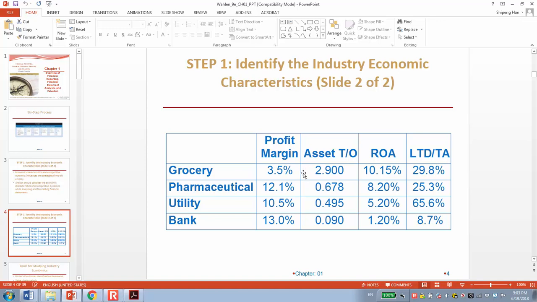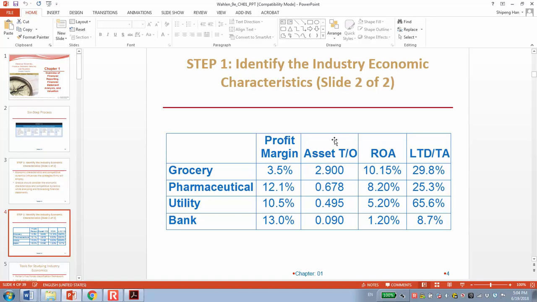So it is very comprehensive and very hard part to analyze, because we are accounting and finance majors. We do not have so much economics knowledge to understand the whole industry. But anyway, you just know what the factors are. There are so many factors you should consider, and at least you know some major factors you should consider.